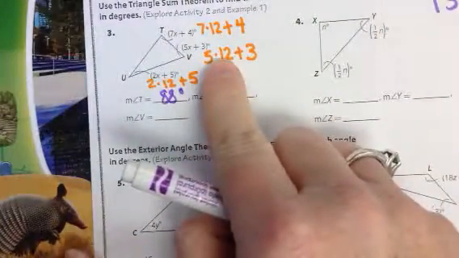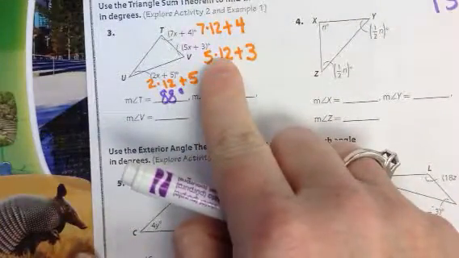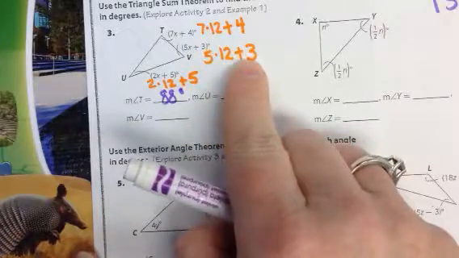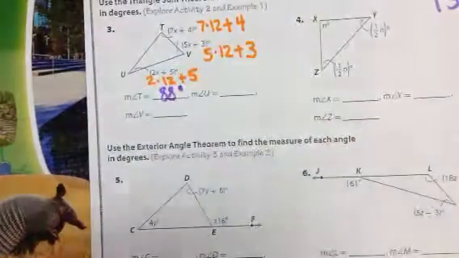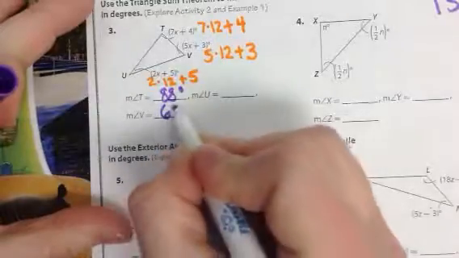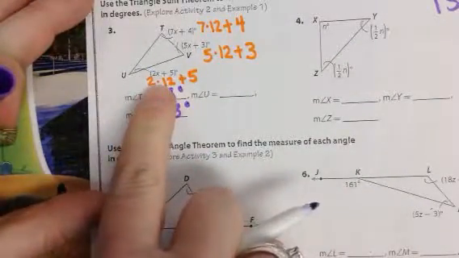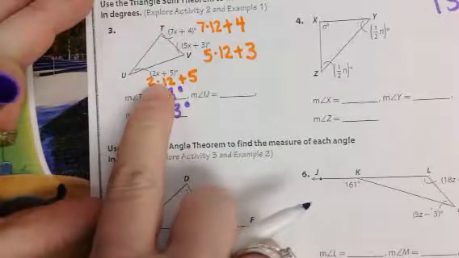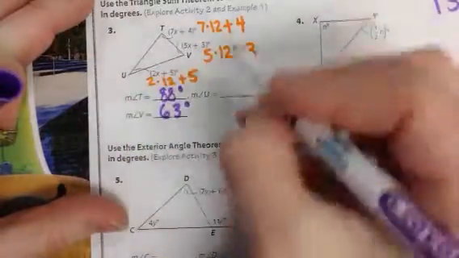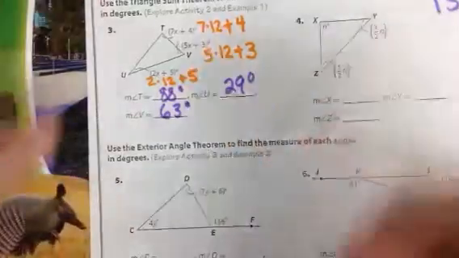Five times 12 is 60, plus 3 is 63 for angle V. 2 times 12 is 24, so 24 plus 5 is 29, okay?